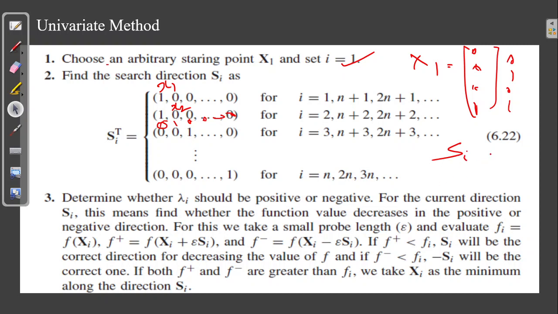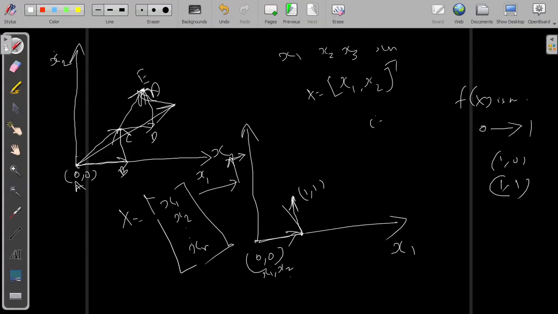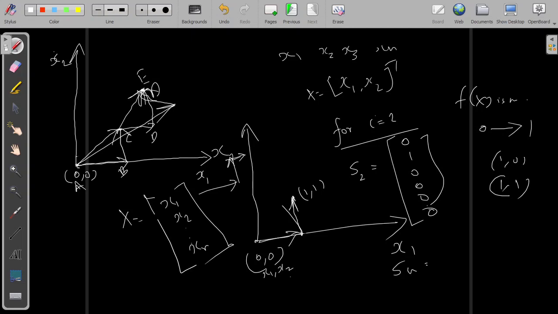For the first iteration, I equal to 1, S1 will be equal to 1 0 0 0 0 up to n elements, and in the second iteration, for I equal to 2, S2 will be equal to 0 1 0 0 etc. up to n elements, right? And similarly Sn will be all zeros, and the final last element will be 1.